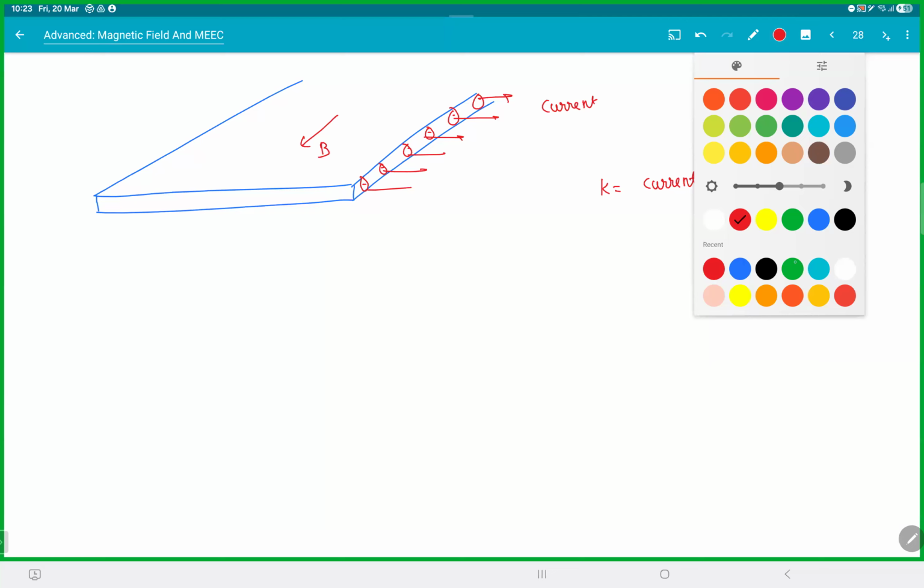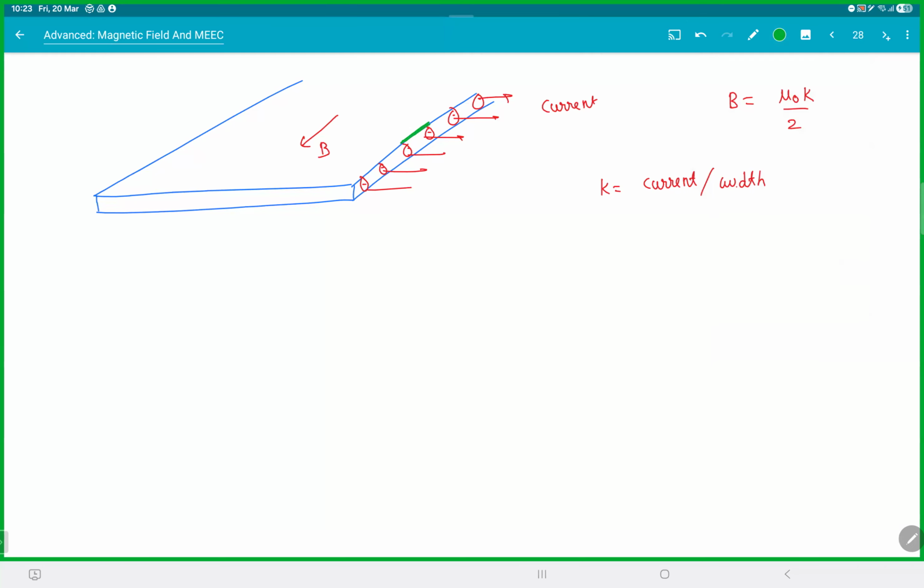So what width are you talking about? This is the width here. So how do you find that? If that is your width, consider a small section like this. Let this be dx.